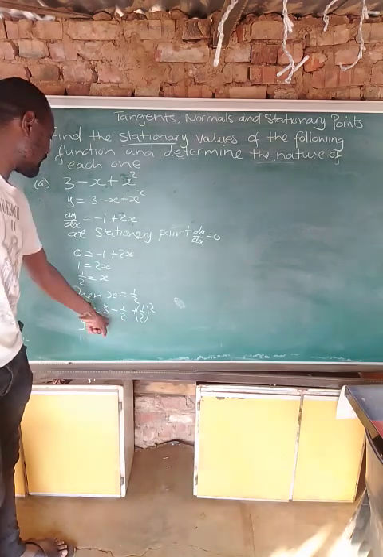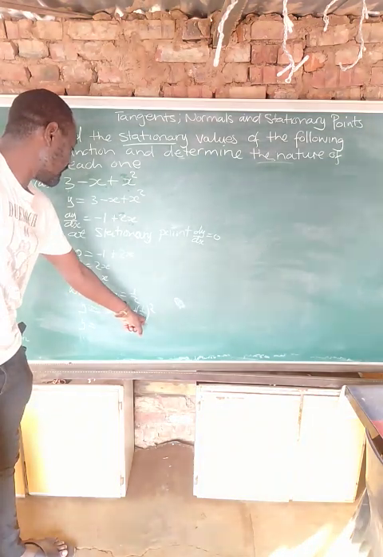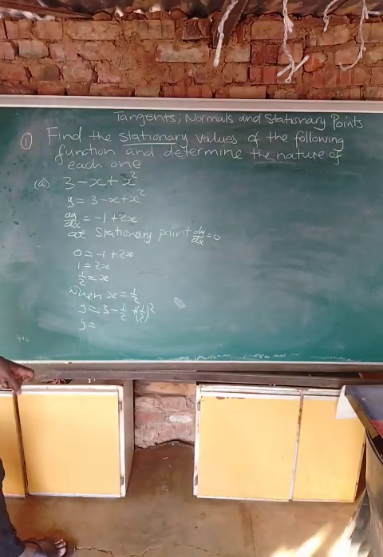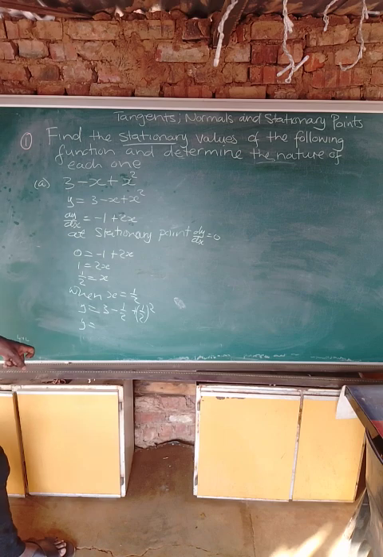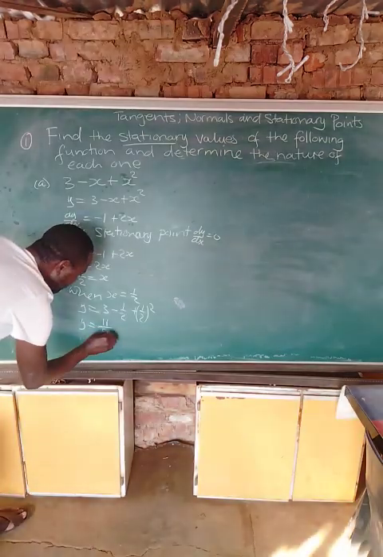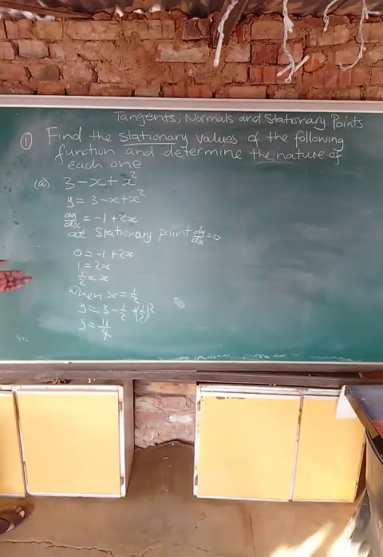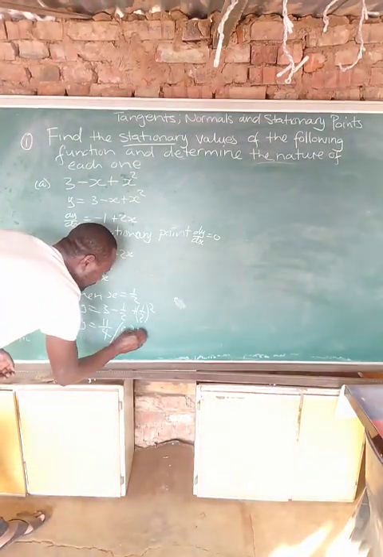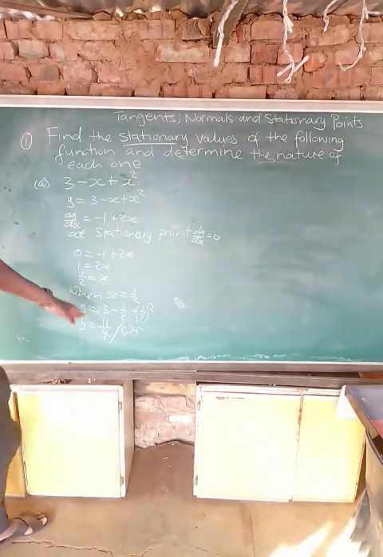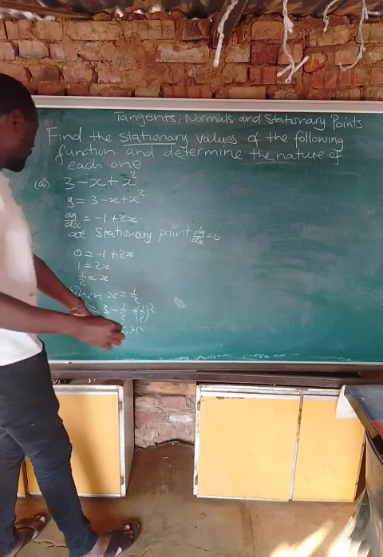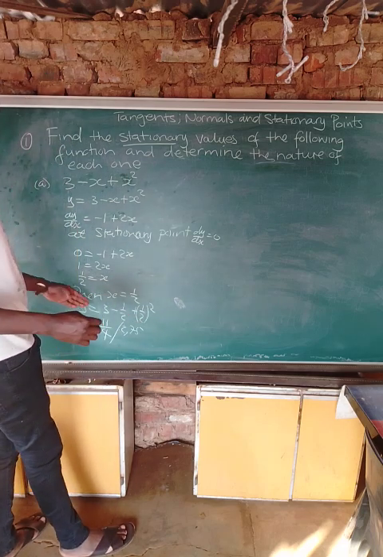Then 3 plus a quarter is 3 1/4, minus half, we get 2.75, which is 11/4 or 2.75. So at this point, y is equal to 2.75.